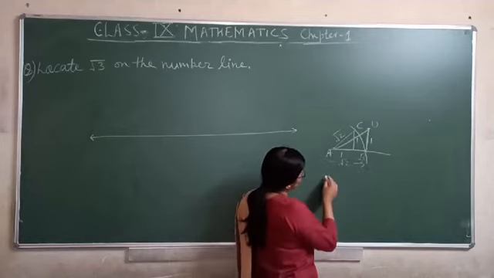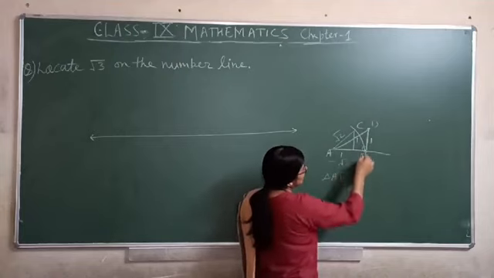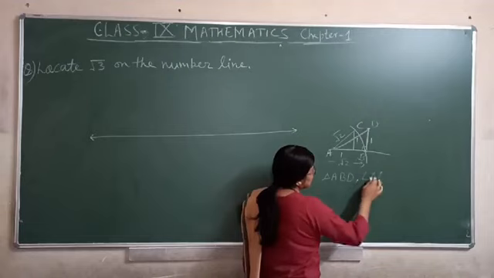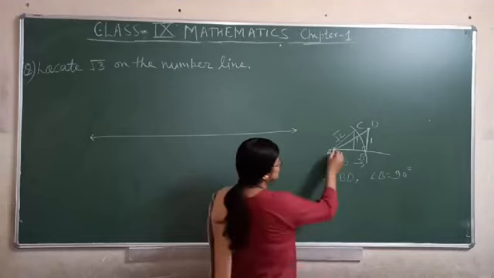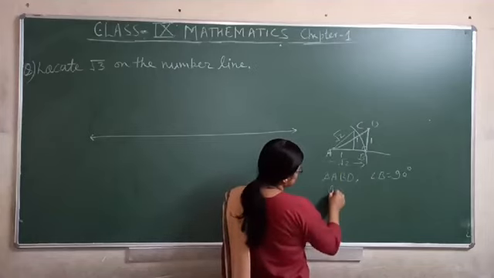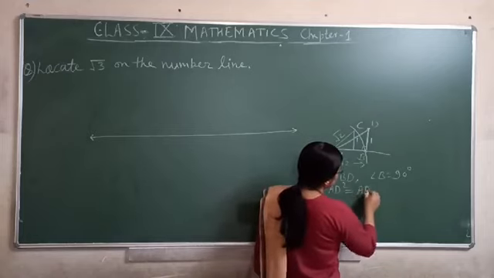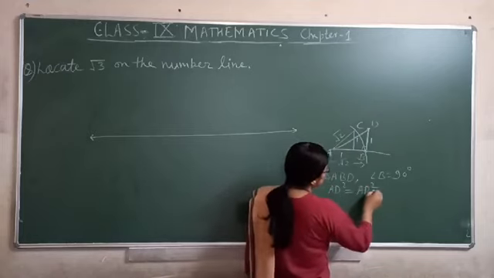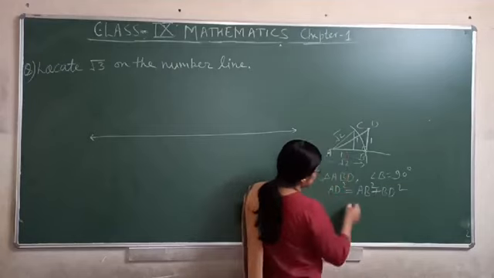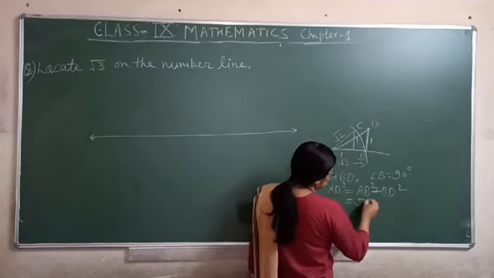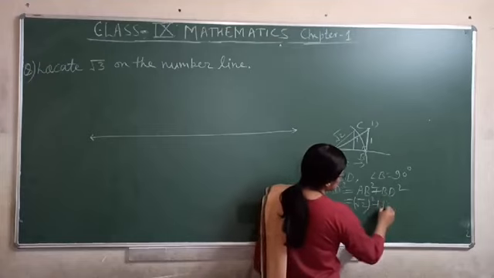When you apply Pythagoras theorem in triangle ABD, here right angle B equals 90 degrees. So you will write AD square equals hypotenuse square equals base square plus perpendicular square, BD square. We put the value AB root 2 whole square plus BD 1 square.